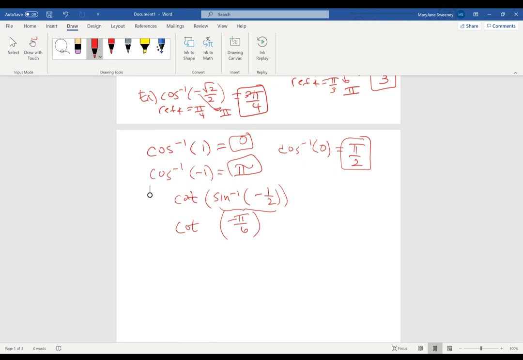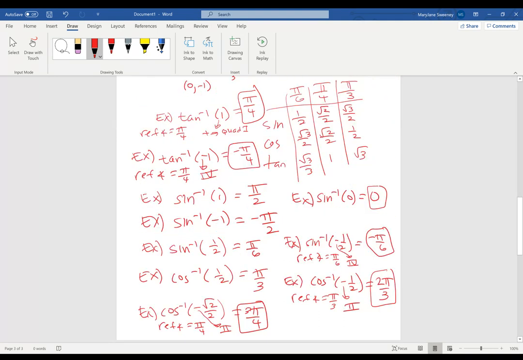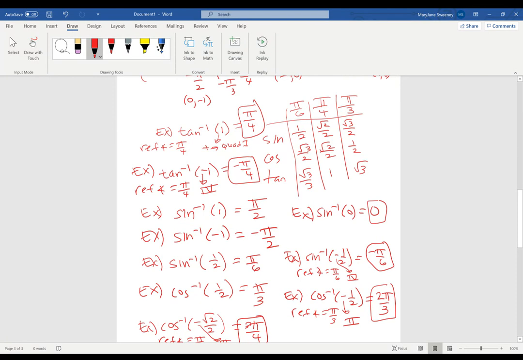Cotan of negative pi over 6. So now this is going back to yesterday. This is a direct, what's cotan of pi over 6? Well, I didn't do the chart for cotan, but remember, cotan was just the reverse of tan.